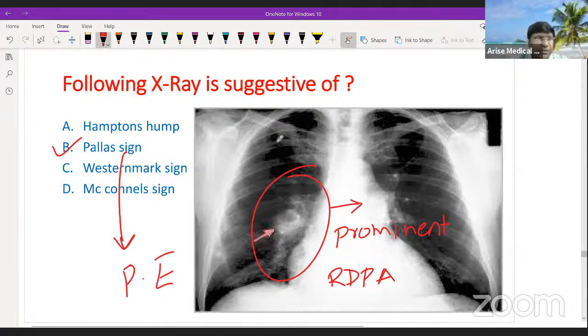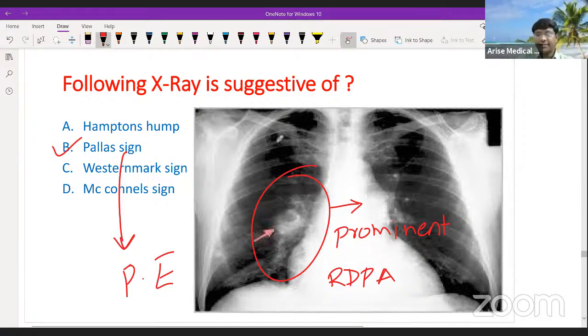And what is the investigation of choice in pulmonary embolism? We have discussed this point recently. See, the investigation of choice in patients with pulmonary embolism is CT pulmonary angiography. Okay, right.